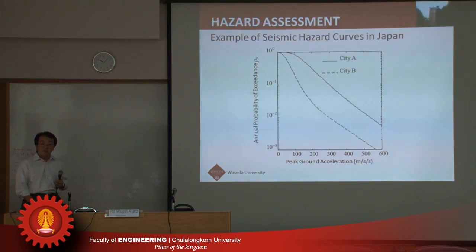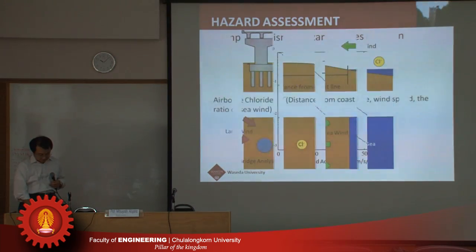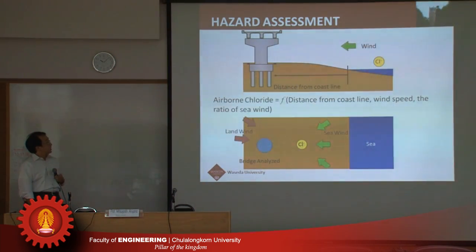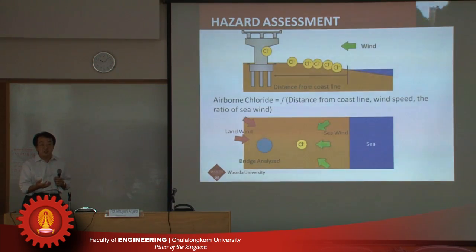So from this hazard curve, we can identify which city has a higher seismic risk level. As I mentioned, the amount of airborne chloride attenuates with the distance from coastline, as does seismic intensity, such as peak ground acceleration attenuates with the distance from the seismic source.